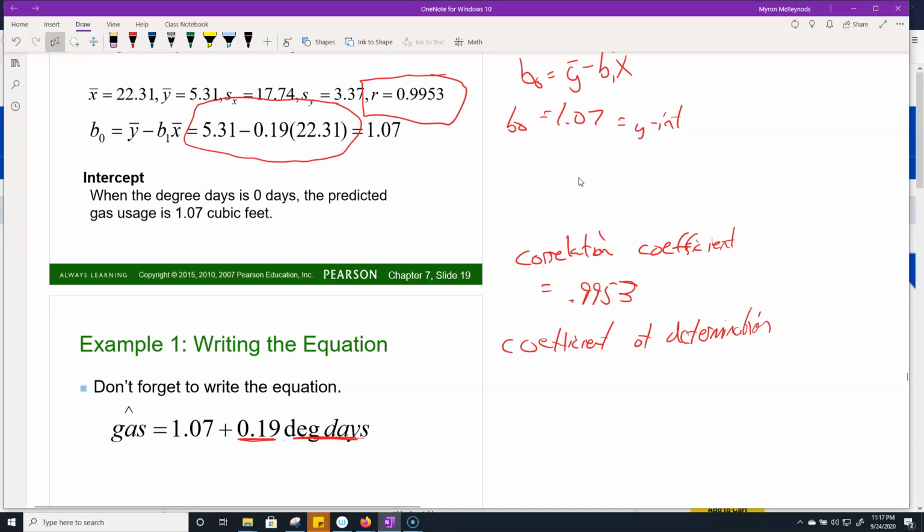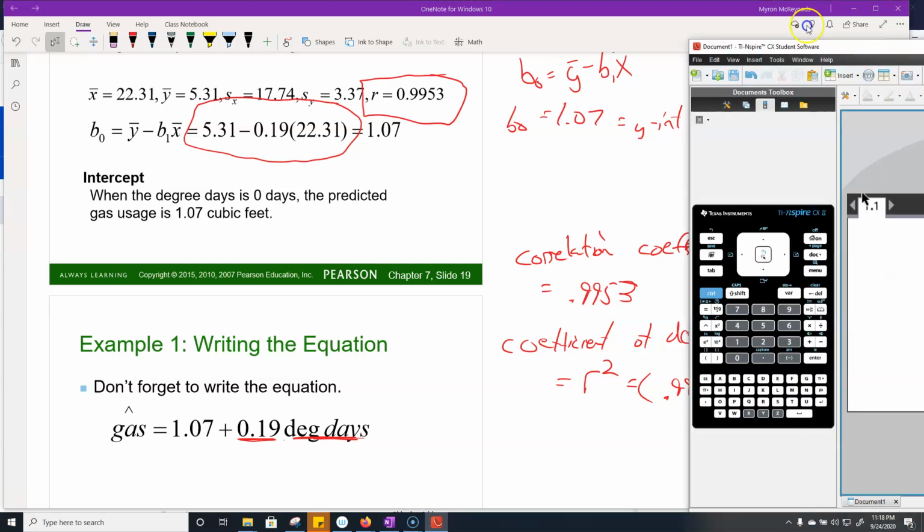The coefficient of determination is equal to R squared, which is this squared, 0.9953 squared.